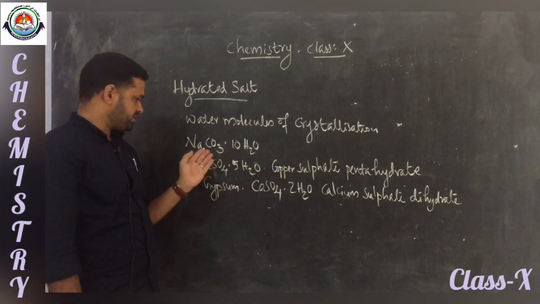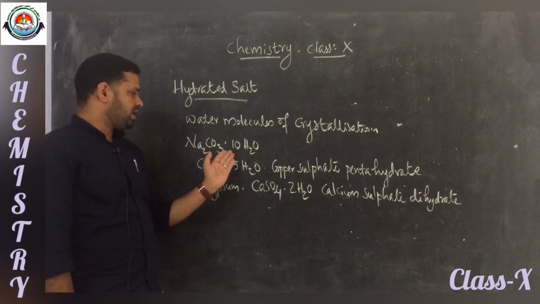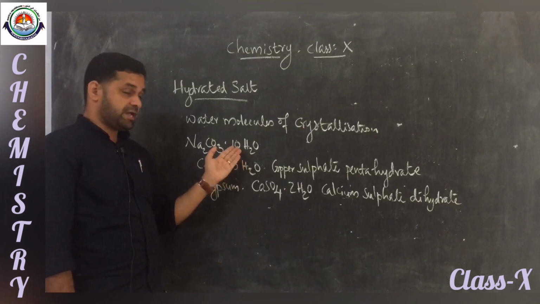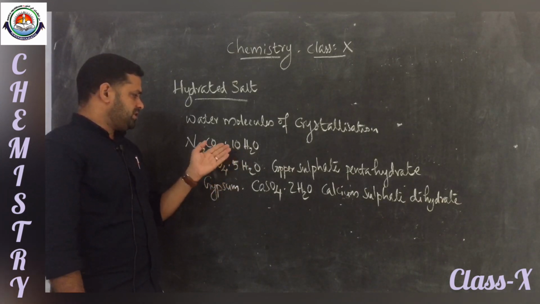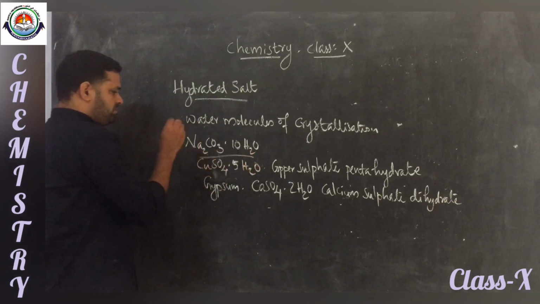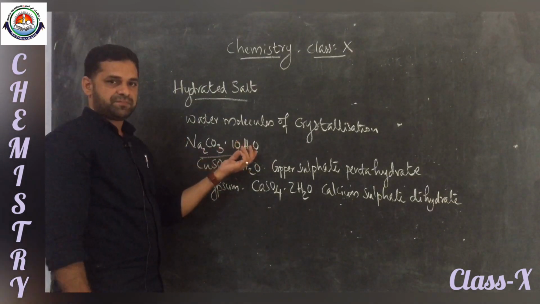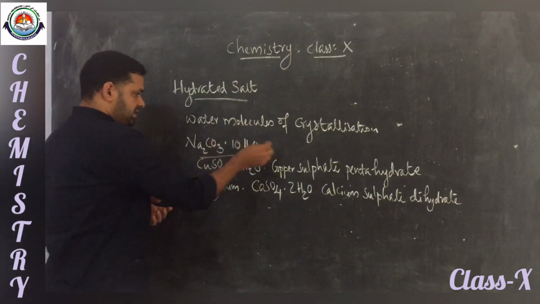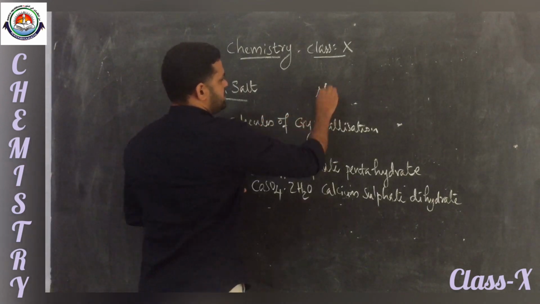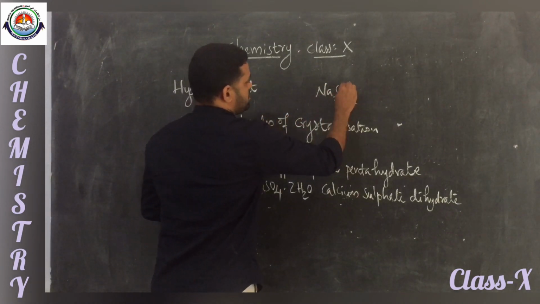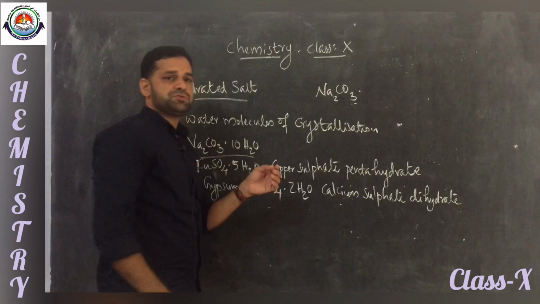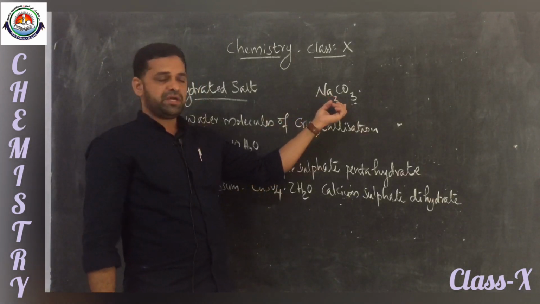That's why I told you in the example, this is sodium carbonate decahydrate. What is the name of this compound? This is called washing soda. And if there are no water molecules, that is Na2CO3, this is called sodium carbonate.